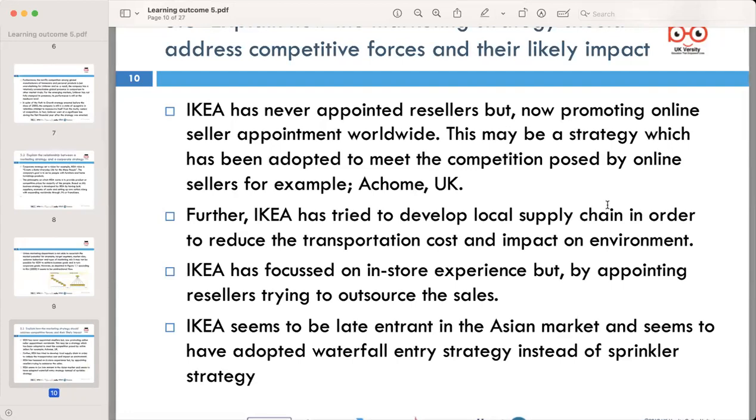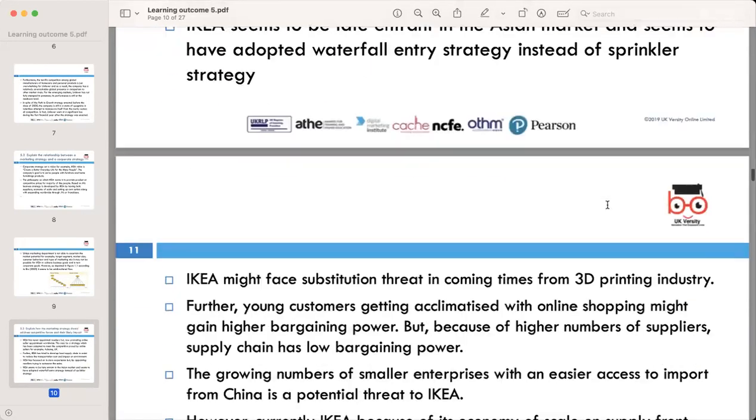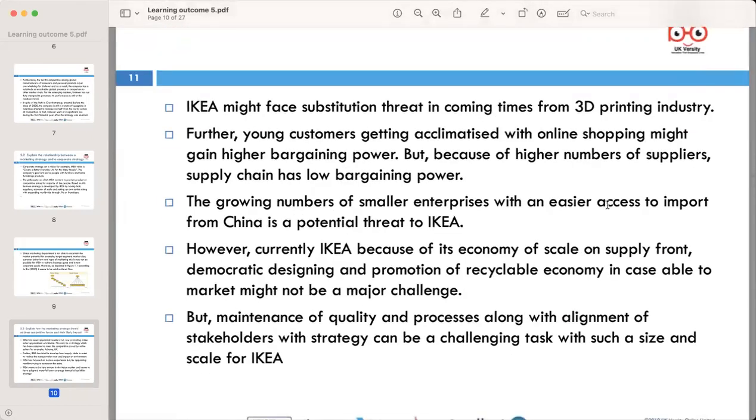Any questions or comments, if anyone is there? Okay. In today's competitive landscape, IKEA faces various potential challenges and opportunities. Firstly, the emergence of the 3D printing industry could pose substitution threats to IKEA's traditional manufacturing processes.